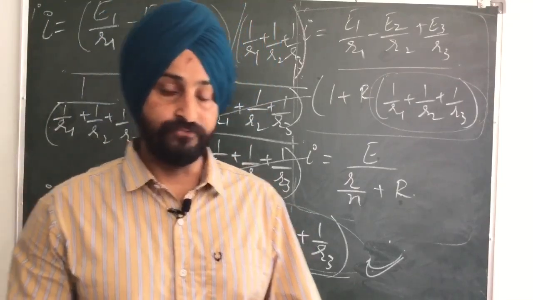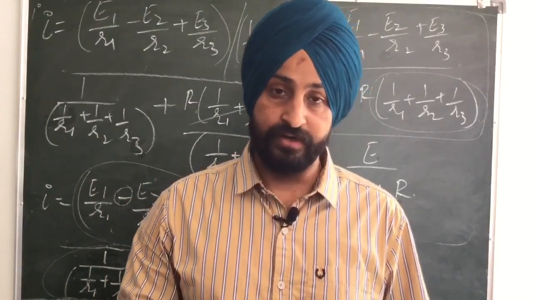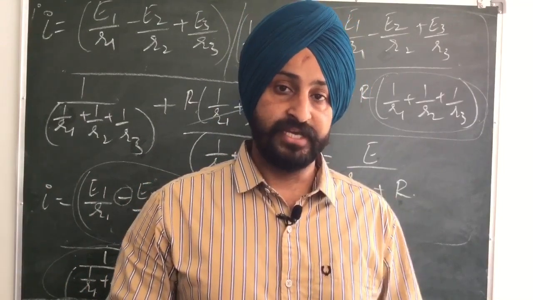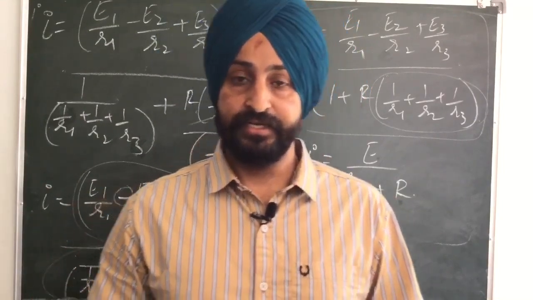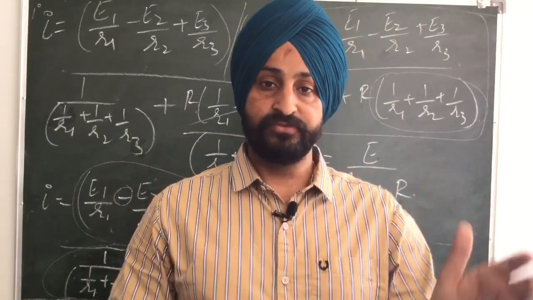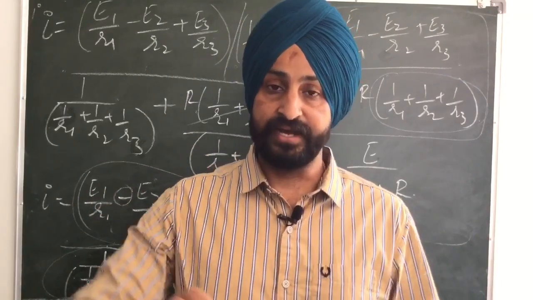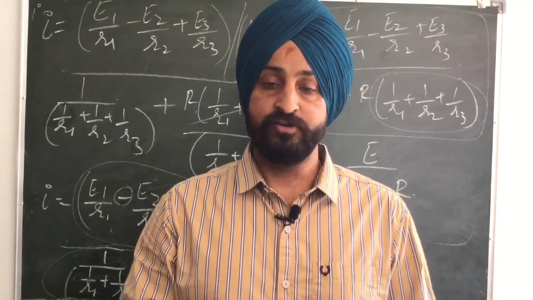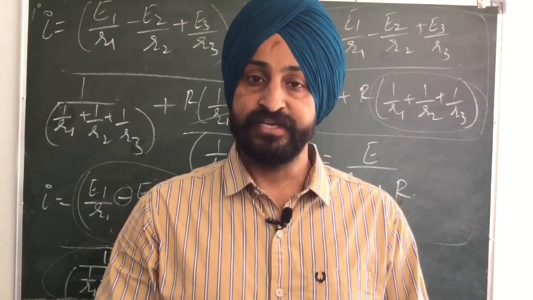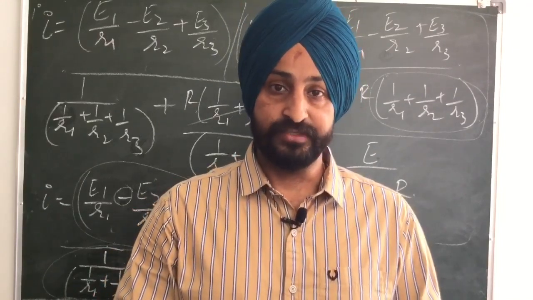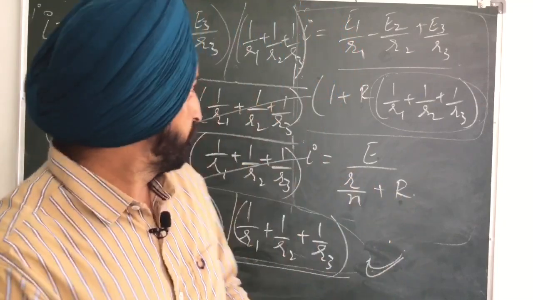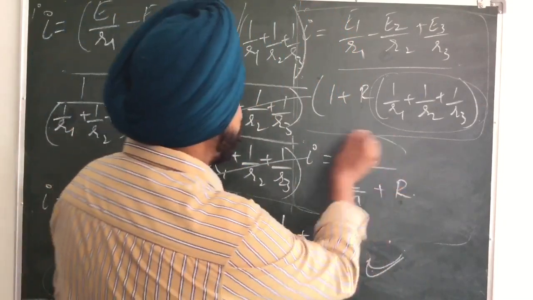In this way we have done 3 cases of parallel combination. So our first case was when all cells were connected in such a way that positives of all were connected together and negatives were connected together, and they all had equal EMFs and equal internal resistance. Fine. In that case, our formula came out to be this for current.